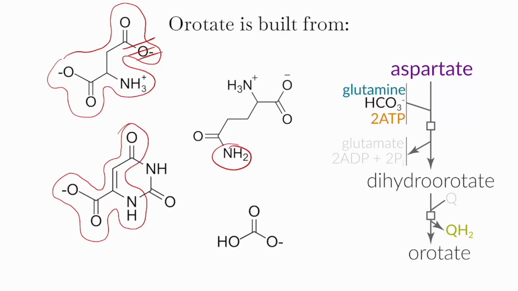This glutamine here is going to give us the nitrogen. And then this HCO3 is going to give us the hydroxyl. So we can build this base by basically gluing together some parts, right? Gluing together some amino acid parts and some small molecule parts, but we end up with this ring structure here.